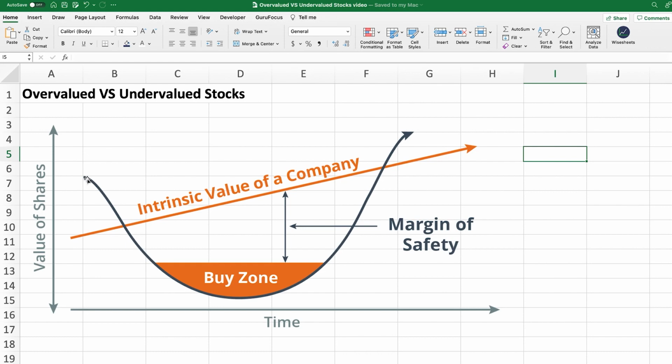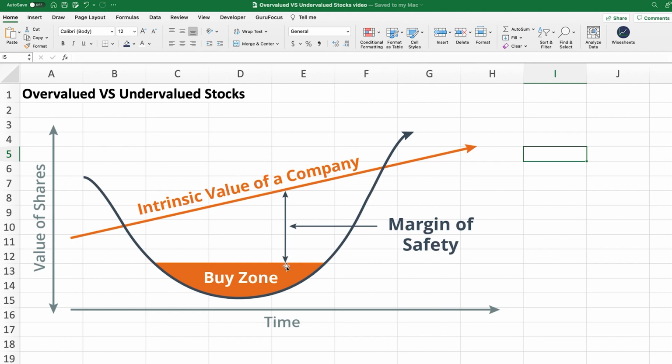So you wouldn't want to buy at this price here, but what you would want to do is to buy right here on this buy zone. The reason why you want to buy in this buy zone is because, as you can see, the market price is low and you have a margin of safety. That means there's a good margin between the intrinsic value of that particular company and the current market price.